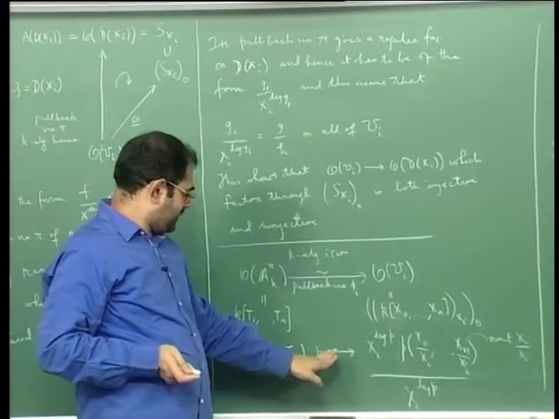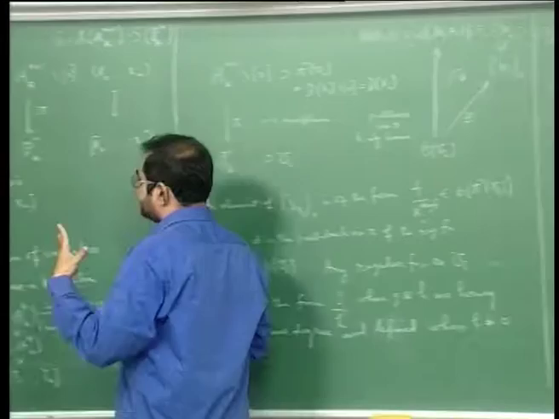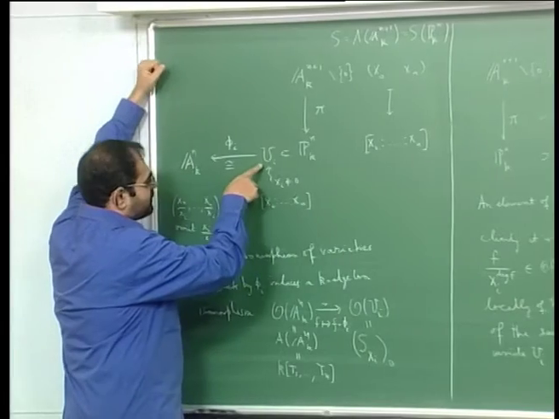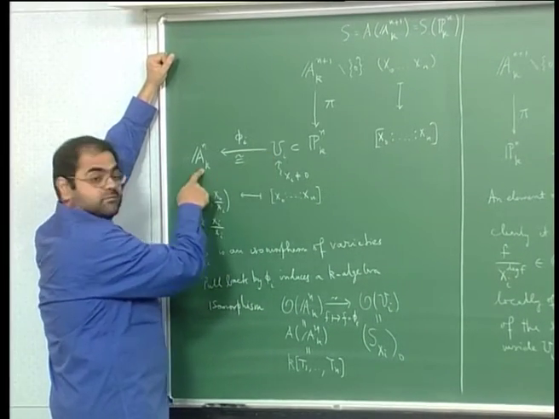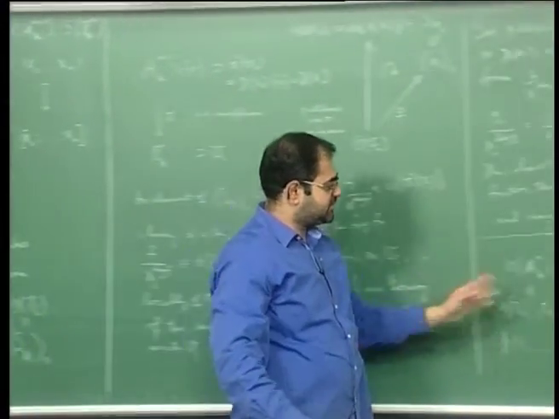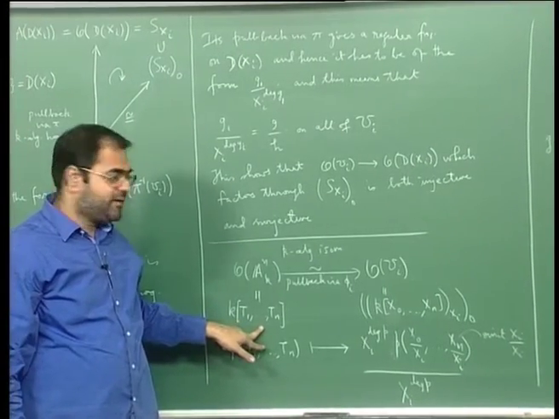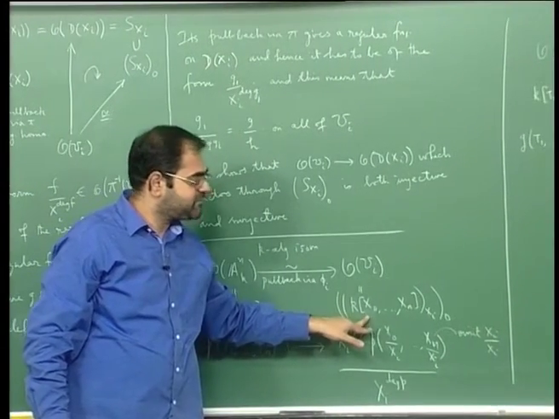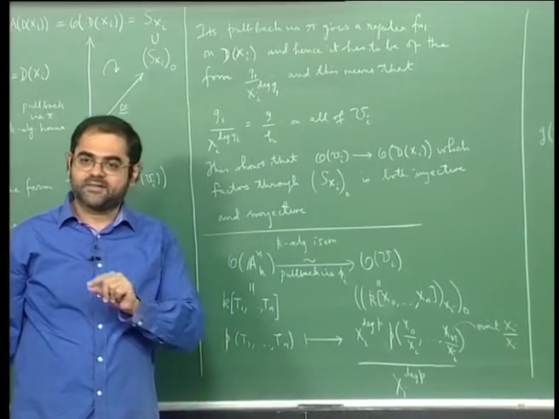So what I am trying to say is that this isomorphism of this ui with an, geometric isomorphism, if you translate it to commutative algebra it is just this isomorphism between a polynomial ring in n variables, and a polynomial ring in n plus 1 variables localized at one of those variables and taking the degree 0 part.